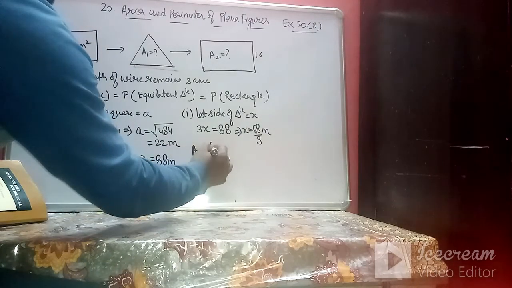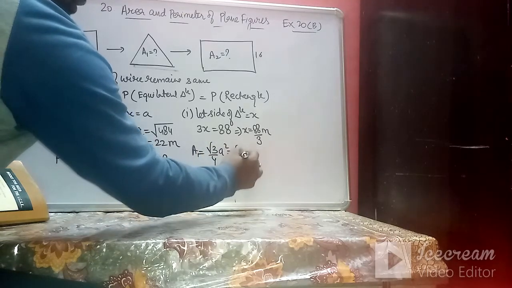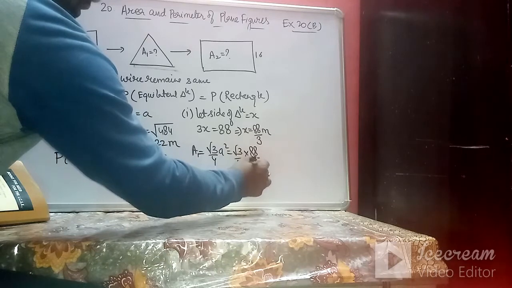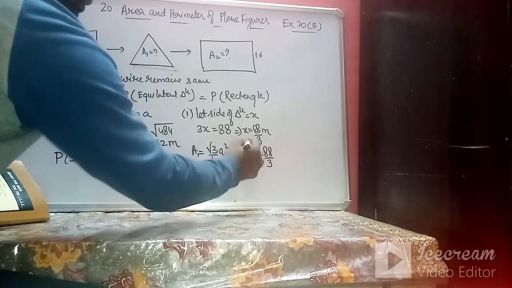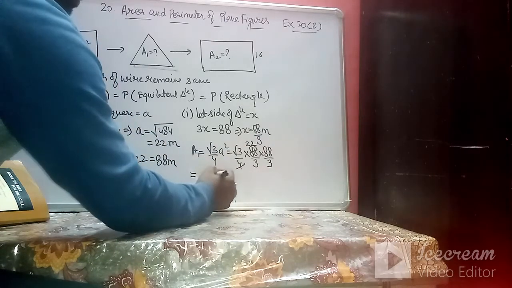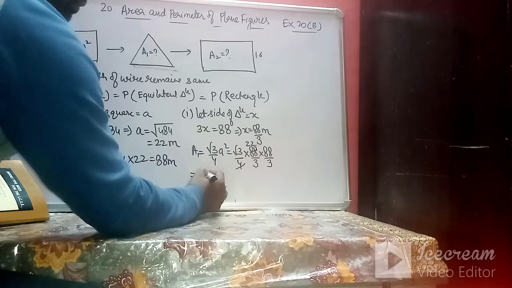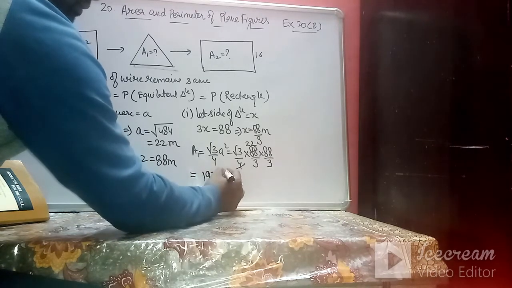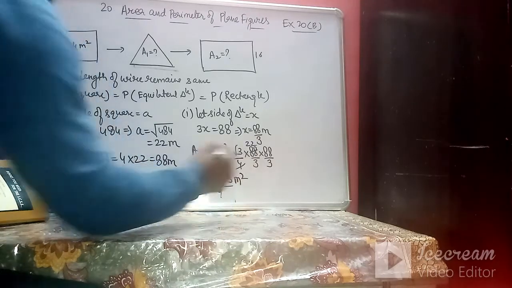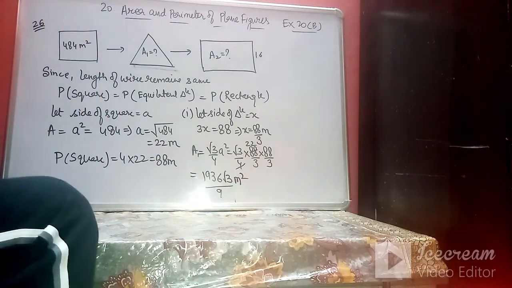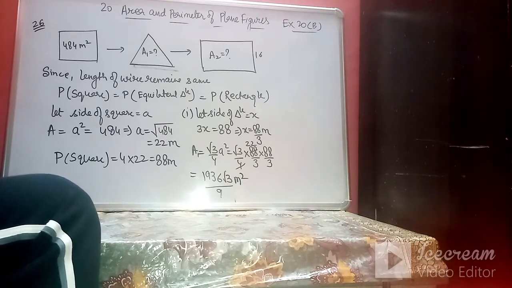Area will be root 3 by 4 a square, that is root 3 by 4 into 88 upon 3 into 88 upon 3, which gives the area of the equilateral triangle in meter square.